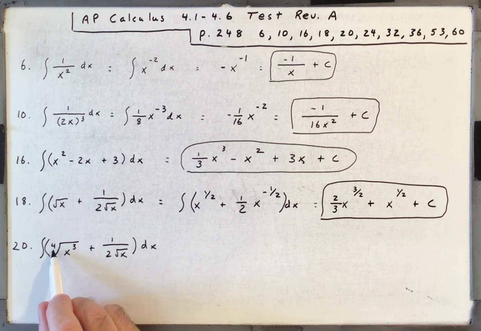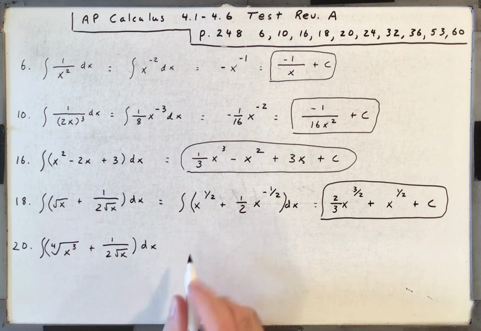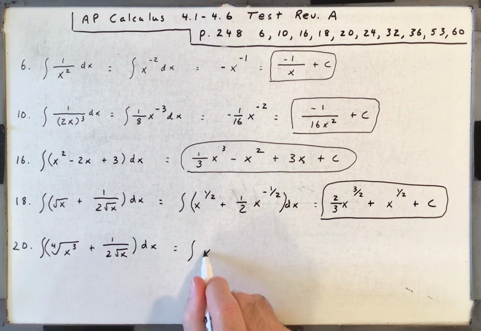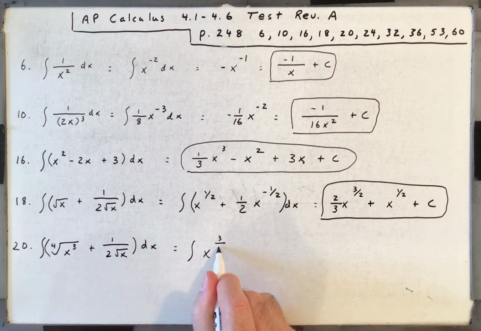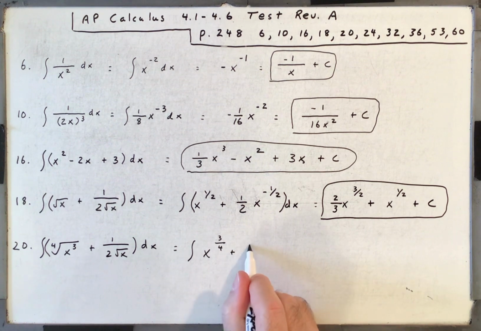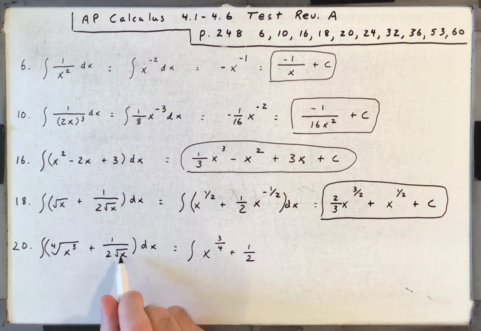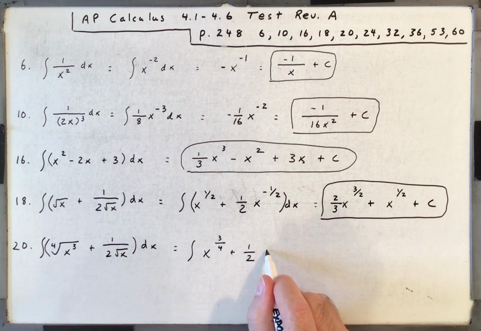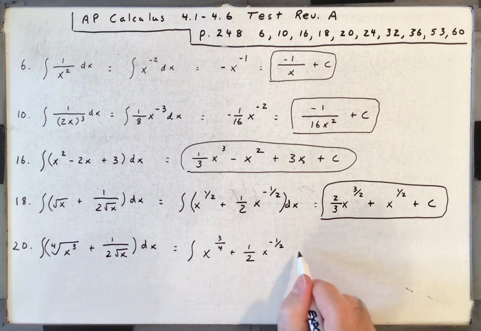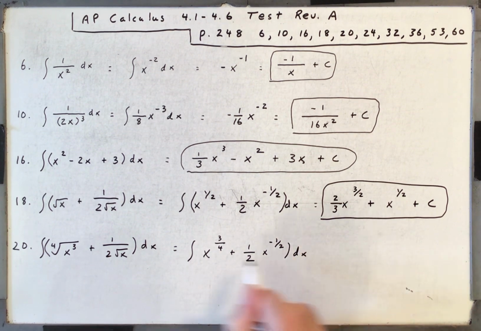Okay, so the number that's in the crook of the radical, if you were writing this as a fractional exponent, that would be in the denominator. So let's rewrite this as x to the 3/4 power, plus 1/2. And then root x on the bottom, if I bring it up top, that's the same as x to the minus 1/2 dx.